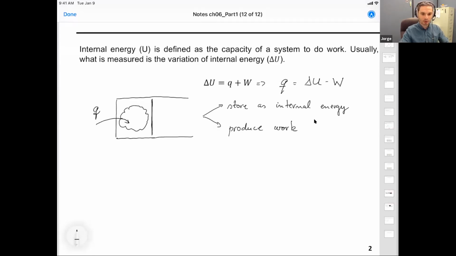So any amount of heat provided to the gas is going to be either stored as internal energy and/or used to produce work. The substance can do just one of those or do both. It's going to depend on the system.